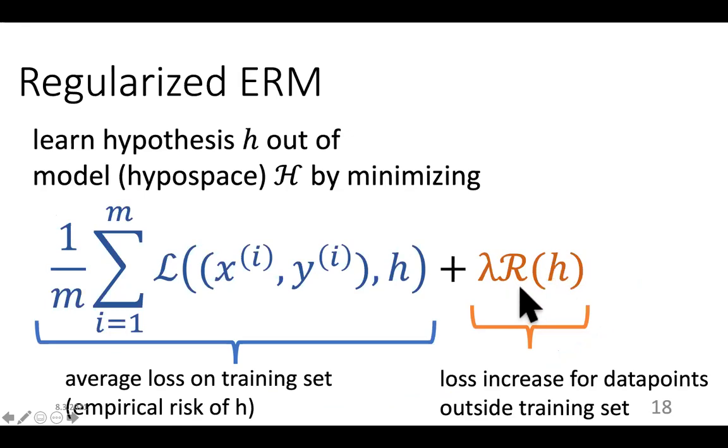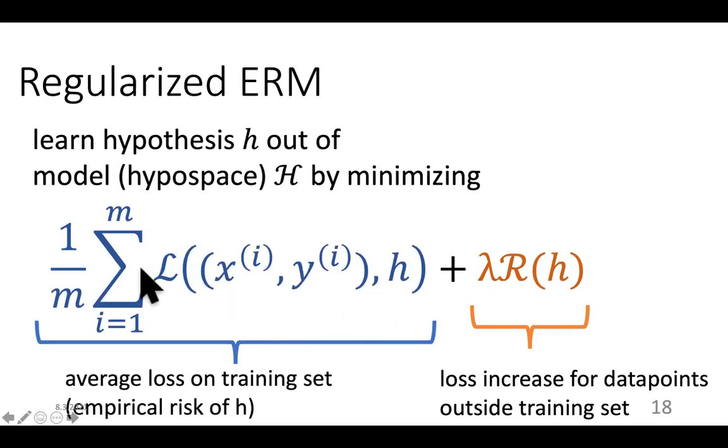Regularization is done by adding to the training error, the average loss on the training set that we always looked at so far, another component, which measures our anticipation of the increase in the loss on new data points outside the training set.